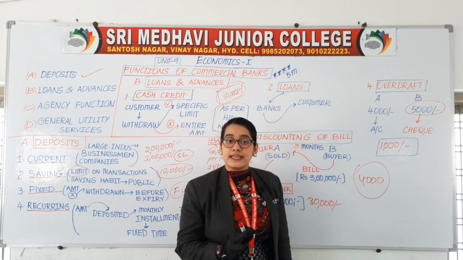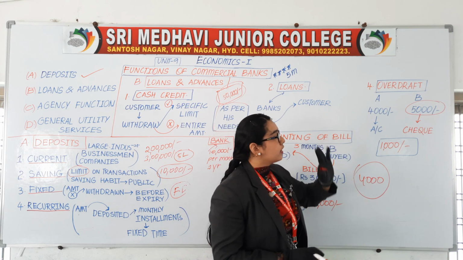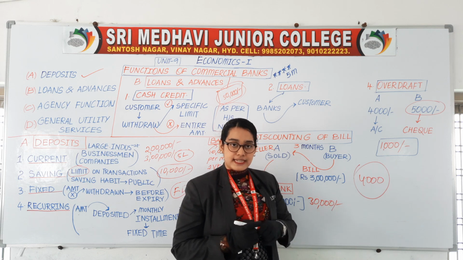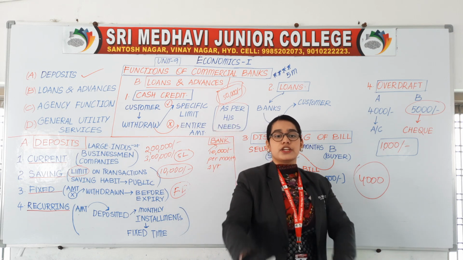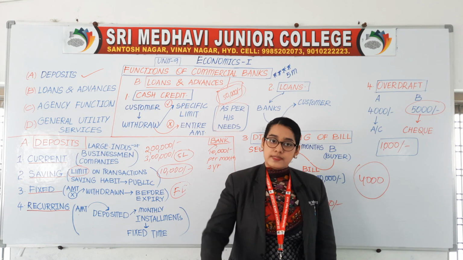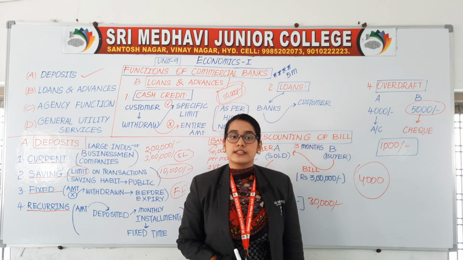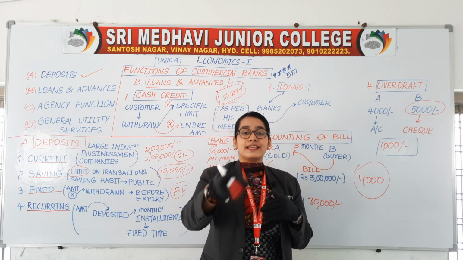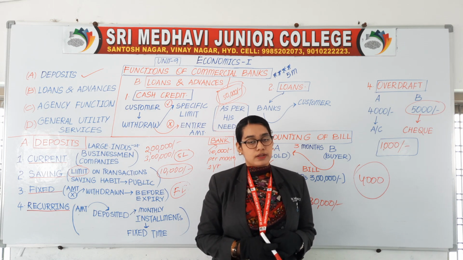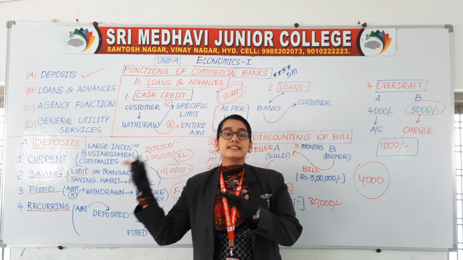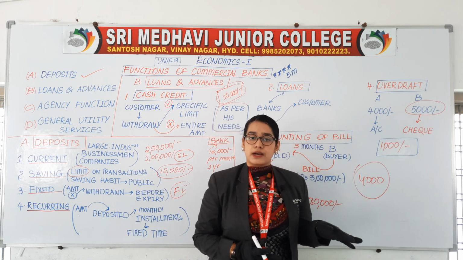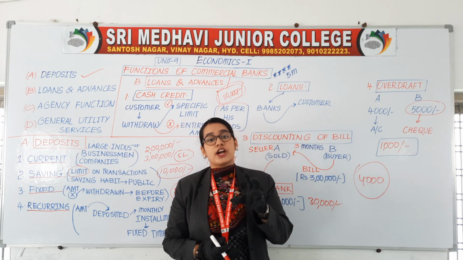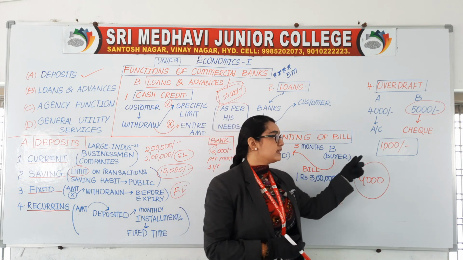1,000 is missing. But according to the overdraft facility, if I have 4,000 in my account but I have given you a check of 5,000, then you will receive all the 5,000. How? The bank will give the 1,000 to you. But next time whenever I visit the bank for depositing any amount, the bank will charge interest on that 1,000.